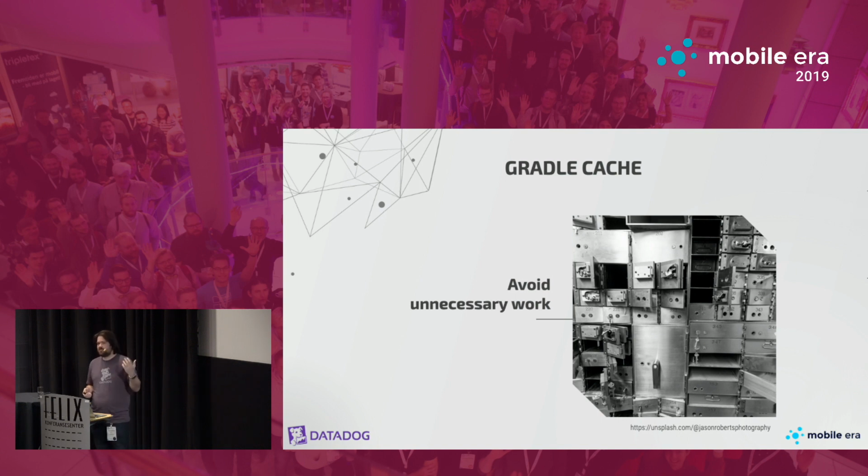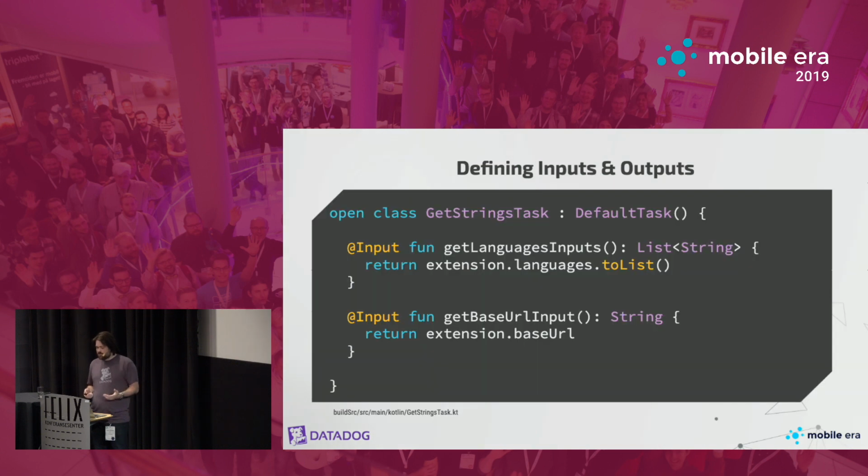So I don't want to download the same files over and over and over again. So you can use inputs and outputs in your task to define how Gradle can know if your task needs to be run again. There are lots of different input annotations that you can use, like addInput, addInputFiles, or addInputList.